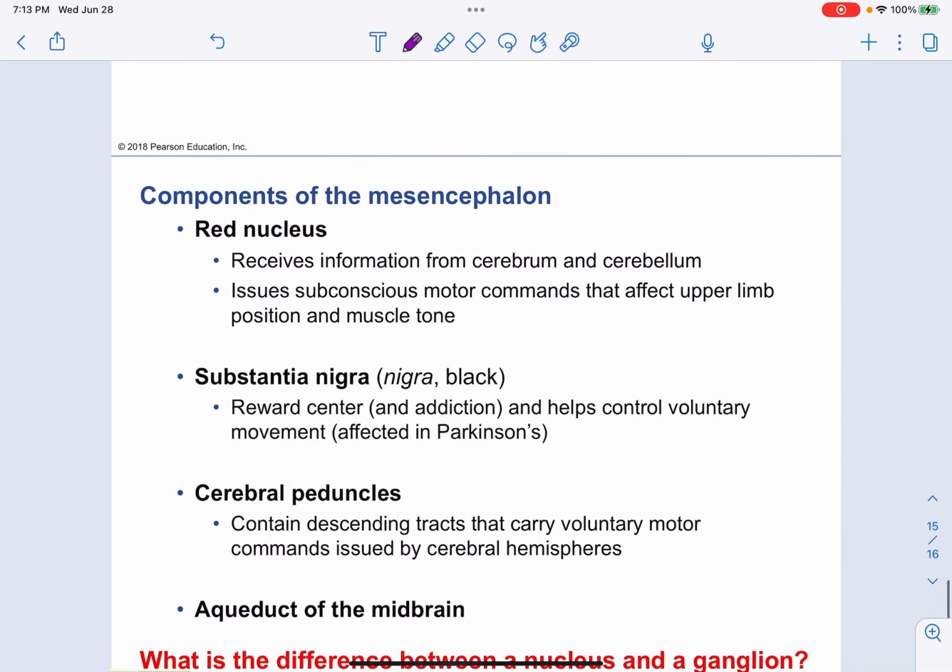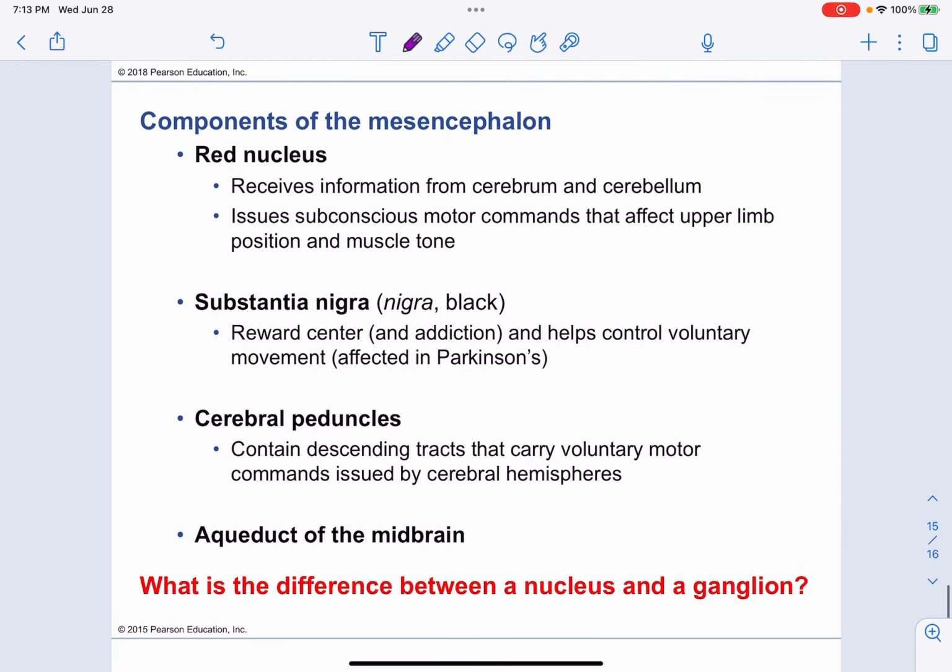All right, let's move on to a couple of the other nuclei that I mentioned at the beginning that we have to talk about because these are pretty important regions of the brain. So we'll talk about the red nucleus. This is called the red nucleus because it has quite a bit of blood vessels in the area.